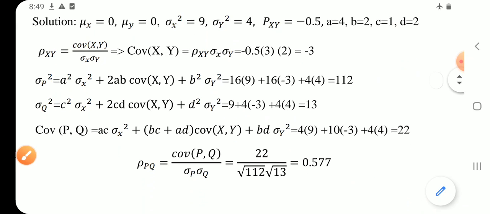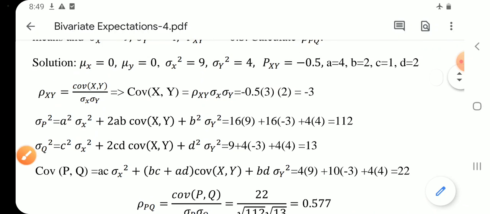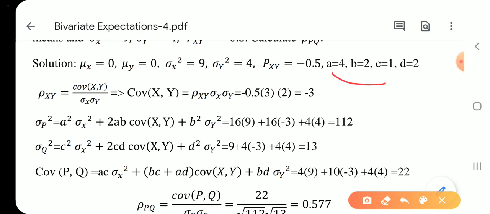Now as per the question, let us find the value of the covariance of PQ. Covariance of PQ is given by the formula AC into sigma x square plus BC plus AD into covariance of XY plus BD into sigma y square. So AC is 4, sigma x square is 9, BC plus AD: BC is 2, AD is 8, so BC plus AD is 10.